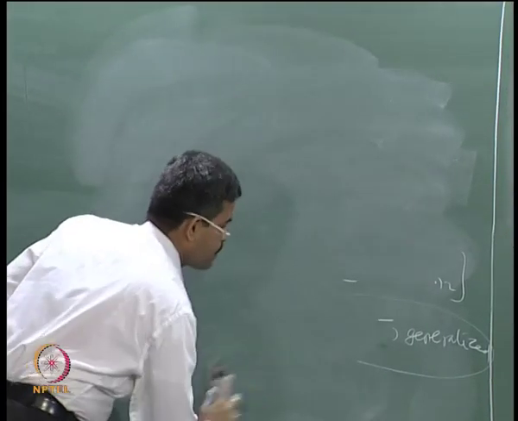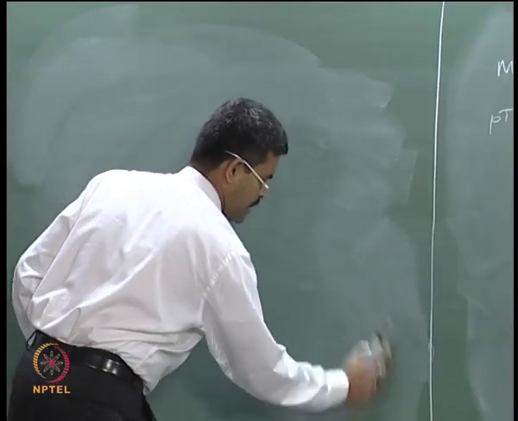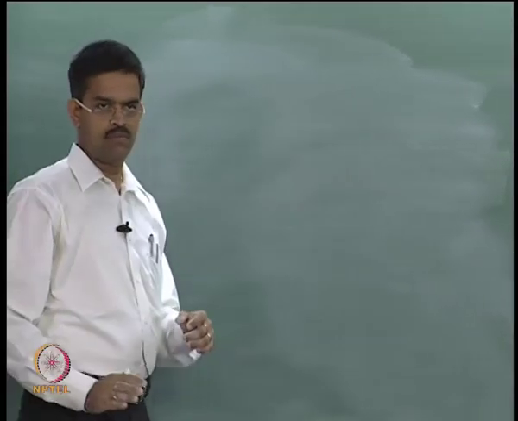Let us say I have an example where mass matrix, K matrix, omega and phi are computed. I already know them. Okay.